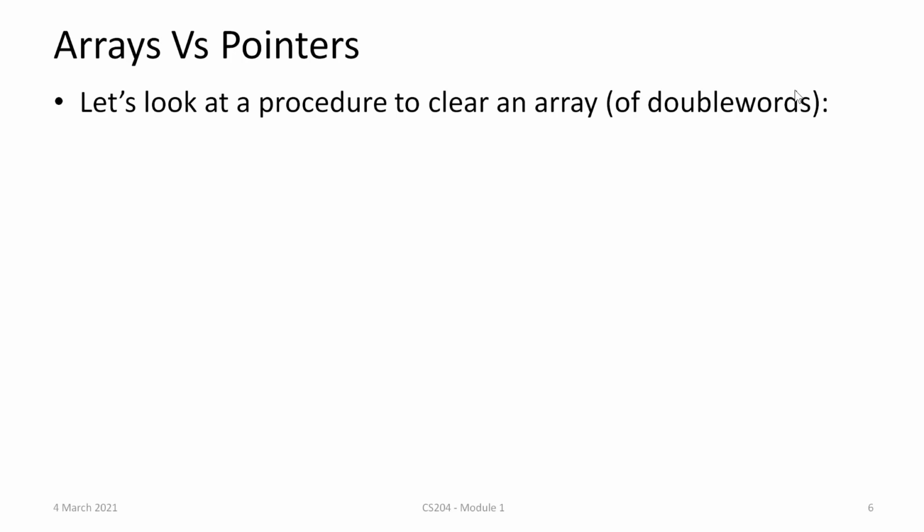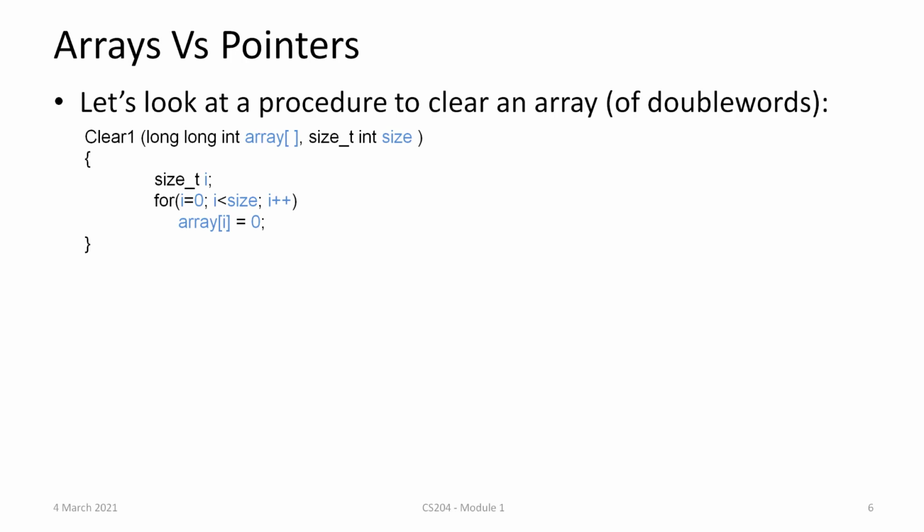Let's say this array is an array of double words. Here is one small procedure that does this. We pass the array and the size of the array, and within the function we loop, pick each element and assign 0 to it.